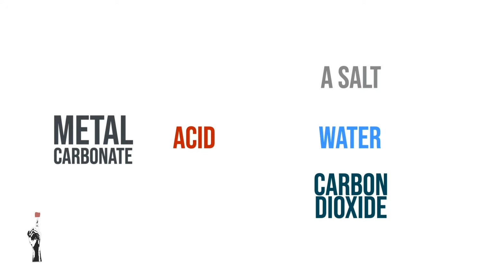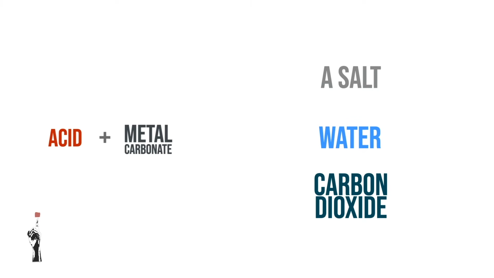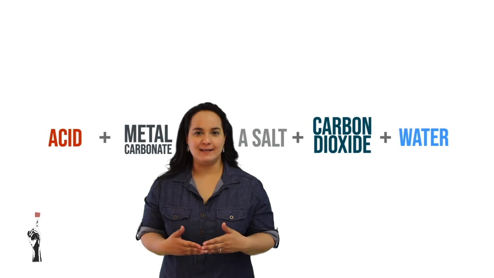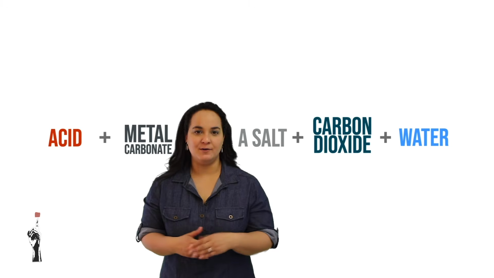The general equation looks like this: acid plus a metal carbonate, the arrow, salt plus carbon dioxide plus water. The type of salt that forms is dependent on the type of acid and metal carbonate that are used as reactants in this reaction. Let us take a closer look at a practical example of such a reaction.